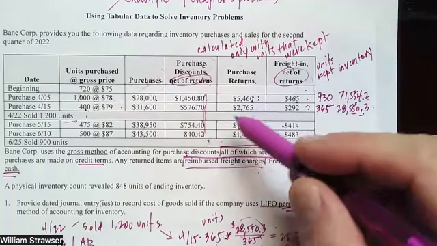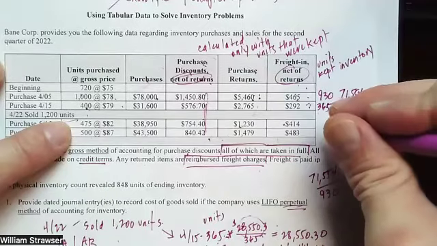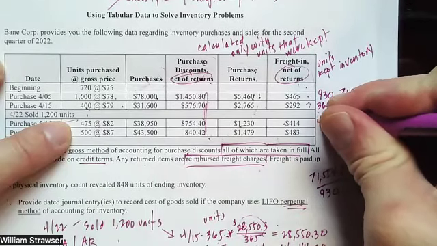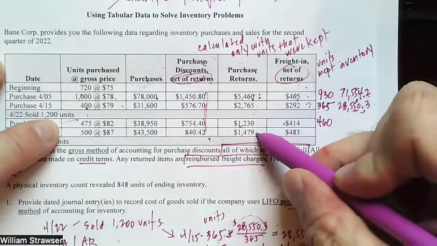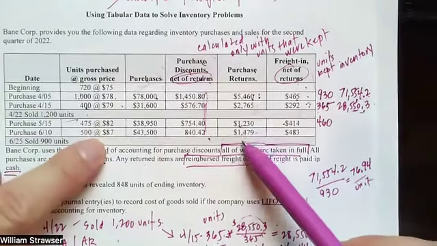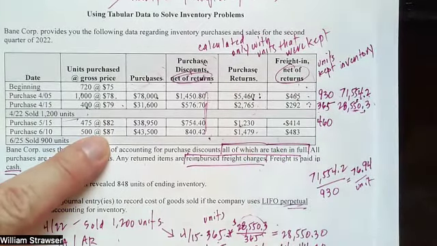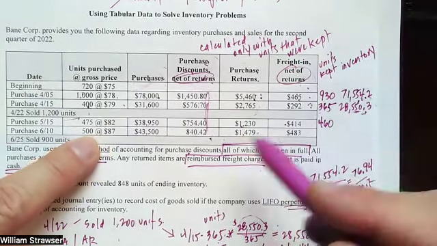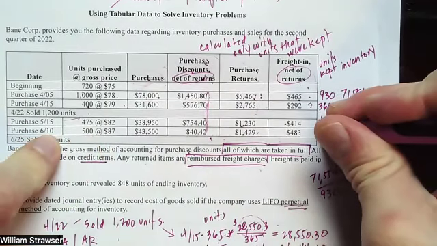That 1230 divided by 82 tells me that 15 units were returned. So that means that 460 were kept. And 1479 divided by 87 tells me that 17 were returned. And if 17 were returned, we bought 500 originally, so we have 483 remaining.